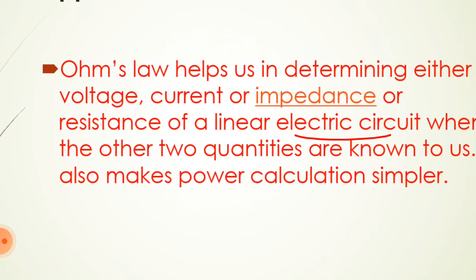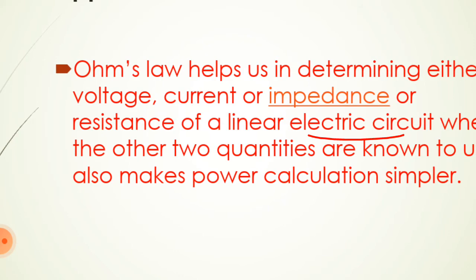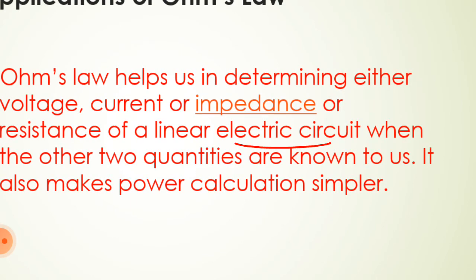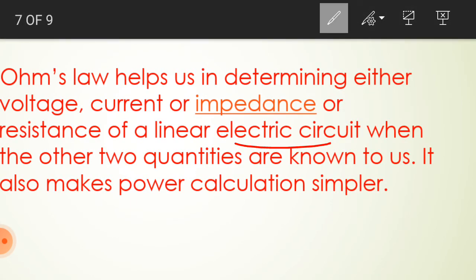If you know V and I, you can calculate R, or if you know I and R, you can calculate V. We can also use this formula for power calculation in higher periods. You have already read the power equation, P is equal to VI. So here you use V and I. So Ohm's law helps us to solve a lot of problems in electricity.